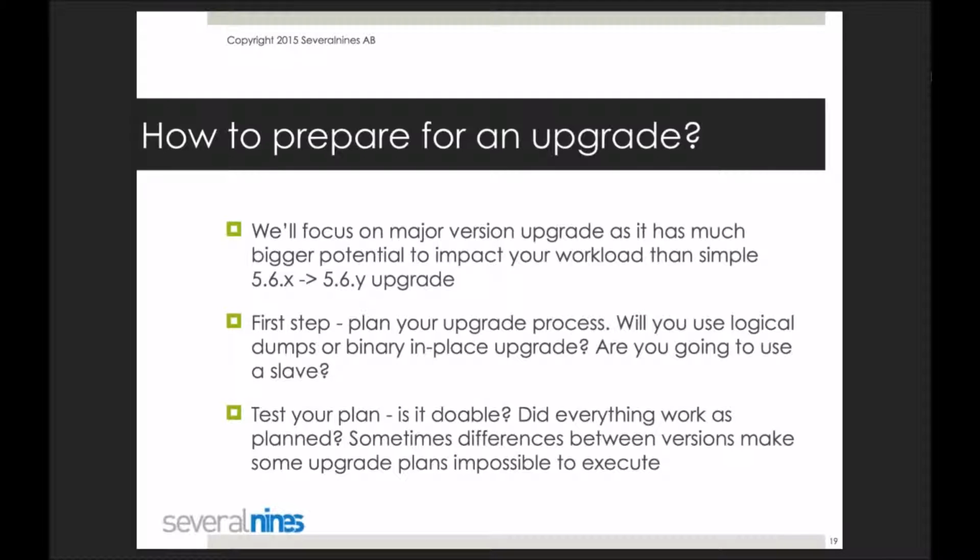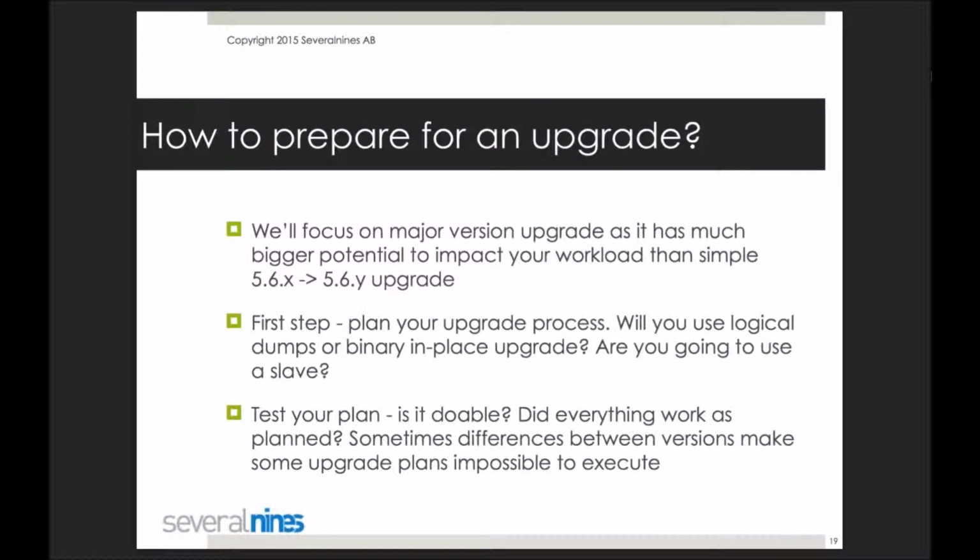Then you have to test your plan, to see if it is actually possible to execute it, to complete it. Did everything work as planned? The thing is that sometimes some differences between versions induce some limitations on you.